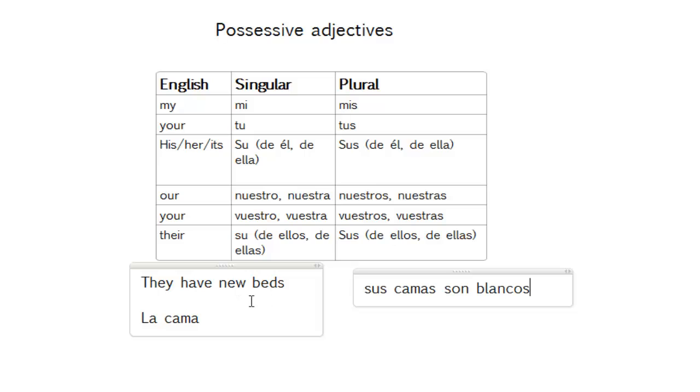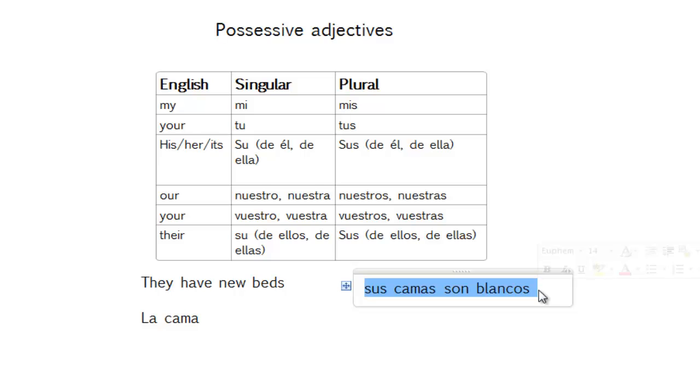So you have to agree. If it's plural, okay, this is plural, so this has to be plural, and this has to be plural, and then this has to be plural. So the agreement always comes. I know it's a bit difficult, but when the agreement is there, everything is perfect.